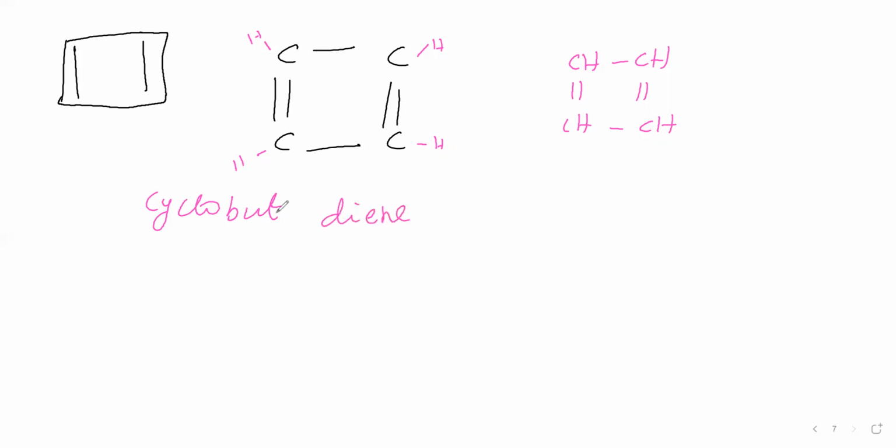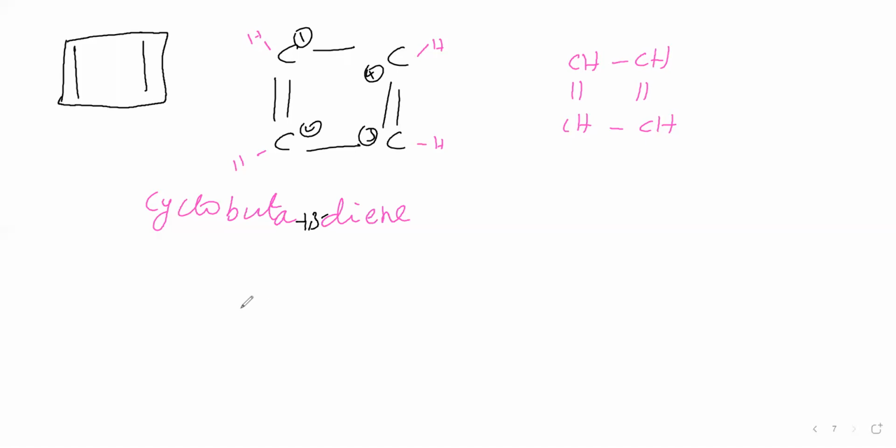Since diene is coming, you include an a in the root word. Then we have to say the numbering and the double bond positions. Here number 1, here number 2, here 3, here 4. Therefore 1,3 diene. So cyclobuta-1,3-diene is the name of this compound.